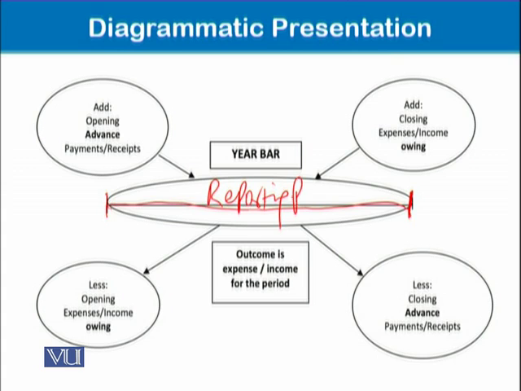reporting period. Okay. Well, so what we do is that in this reporting period, either we pay cash or we receive cash. So in this reporting period, there will be cash receipt or payment.